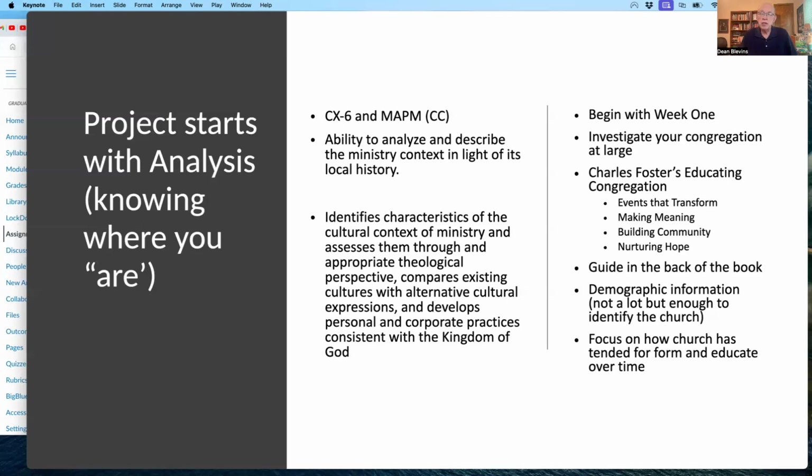You're pulling Charles Foster's Educating Congregation book back off the shelf and walking through the church asking questions: where in the church do we find events that are transformative, or where do we see meaning making, or what are the activities and programs designed to inculcate and build community, and where are places where members of the church may be engaging the world and thereby nurturing hope? And as I said from the very beginning of the semester, you've even got an entire appendix in the back that can help you demonstrate that you meet these ability statements.